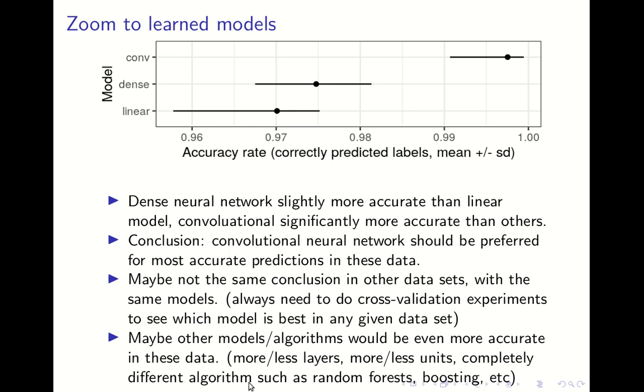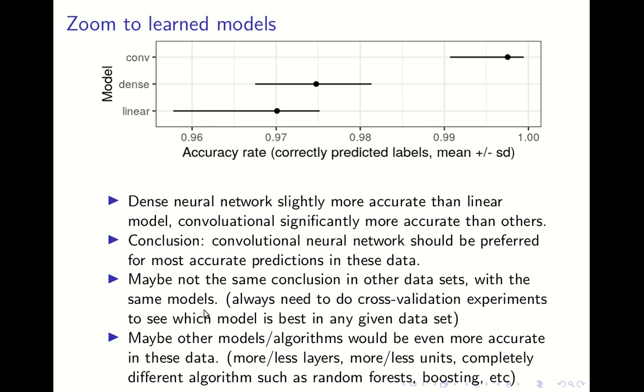And then the other thing to keep in mind is that maybe in this particular data set, other models and algorithms would be even more accurate. So these are only 3 possibilities that I had time to explain, but you can imagine adding another option over here, a few more options on the y-axis. Ideally you run like 10 or 20 different algorithms and you just take whichever one works the best.